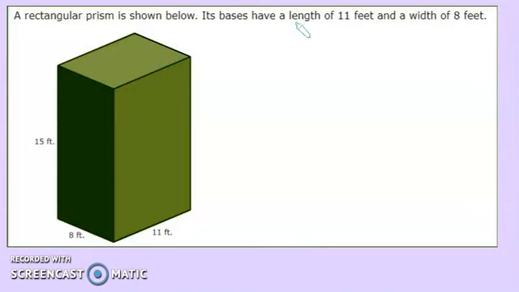Its bases have a length of 11 feet and a width of 8 feet, and the height is 15 feet. Now we have to find its lateral surface area. So again we will draw a net diagram for the same, and then we will calculate the lateral surface area.